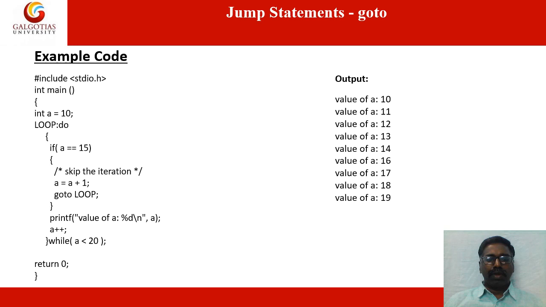We are using a do while loop to satisfy this from 10 to 20, and we are bypassing the value 15. Initially the value of a is 10, and then we have a do while loop. In the do while loop there is a condition: if a equal to 15, then we have to skip the iteration, so we are using the goto loop code.